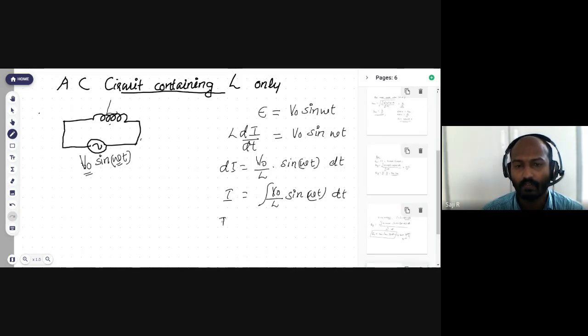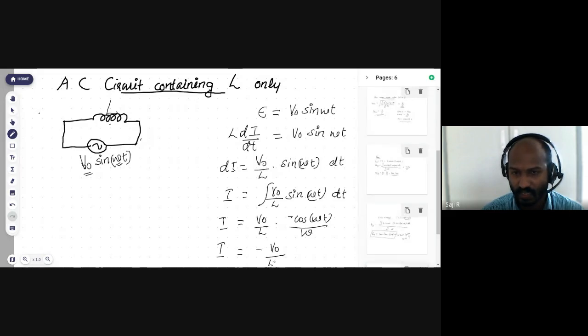When we integrate, V0 by L are constants. Then the integral of sine omega t is minus cos omega t by omega. That integration step I am not going to explain right now. So we get V0 by L into minus cos omega t. This can be written as I is equal to minus V0 by L omega into cos omega t.